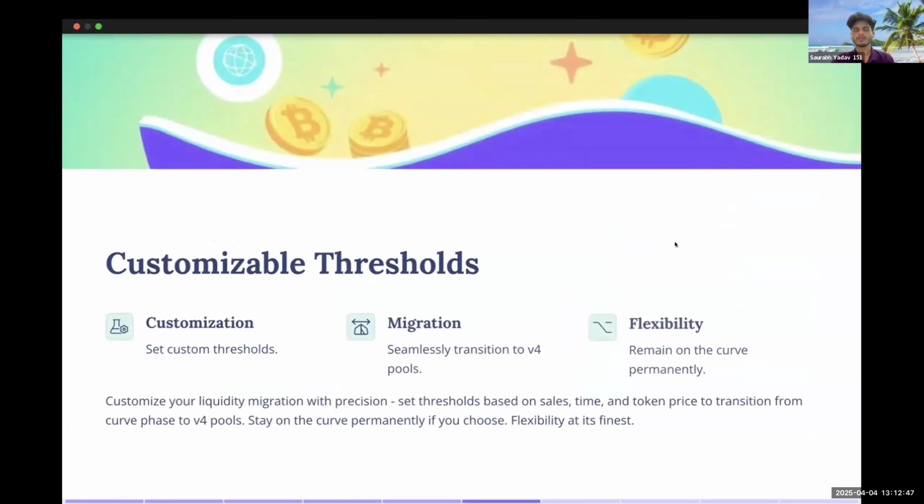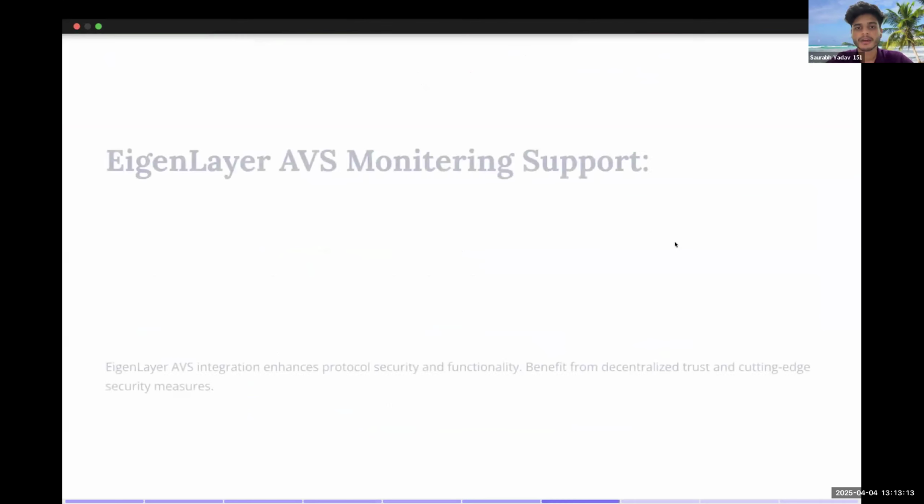Some of the innovations I've made in this project: our pool can transition into a standard V4 pool. During the initialization of the pool, we take transition info from the user, and after those conditions are met, we migrate the liquidity from the custom curve to the V4 pool manager.